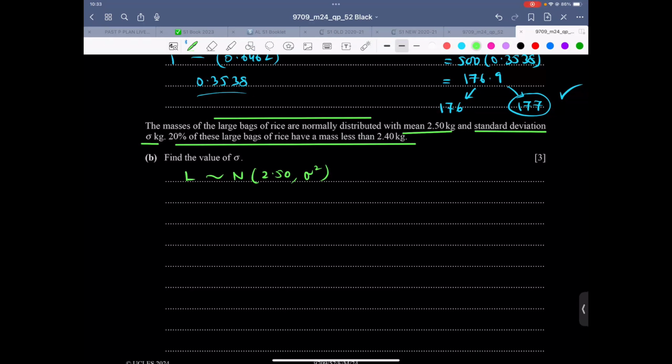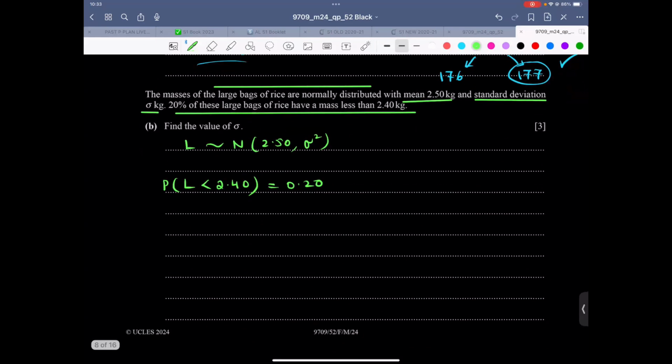And the condition that we have as probability x lesser than 2.40 is 20%. So instead of x, I'm using the symbol L. So let's stick with that. Now, what we do is that we change the order and we write probability L greater than 2.40 is 0.80.